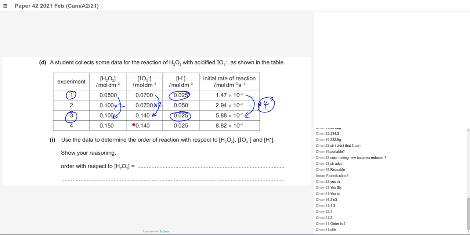You can also do the calculation method. When you write the words, it's very important that you specifically mention which experiment you are referring to. So check your answers when experiments 1 and 3 are considered.